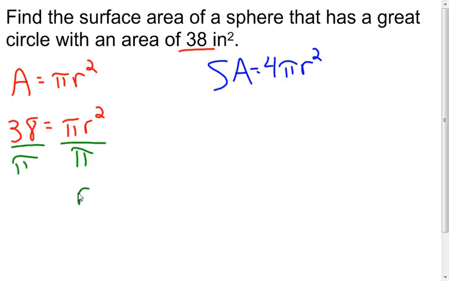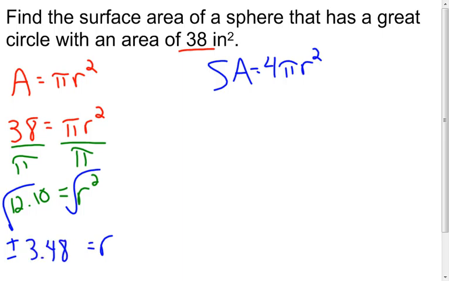This gets us down to r squared equaling 12.10, and I use the pi button on my calculator to do that. Then when I take the square root of both sides, I'm going to have r equal to plus or minus, don't forget your plus or minus when you use the square root in an equation. And we get 3.48. Since we're dealing with the radius, the negative's not going to come into play, so we don't have to worry about that.